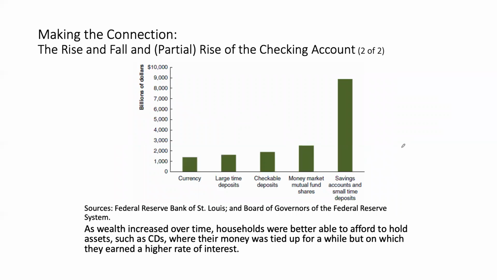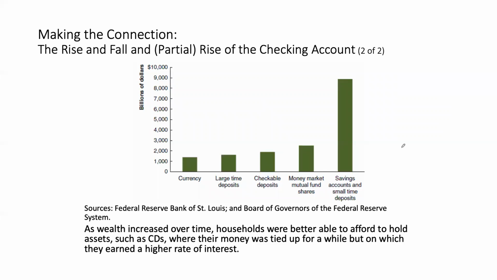Here we see exactly what we mean by that. As households and firms get wealthier over time, they have more wealth, and then they keep a smaller and smaller proportion of their wealth in the form of checkable deposits. They don't need access to a large amount.